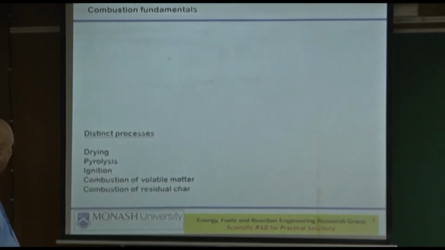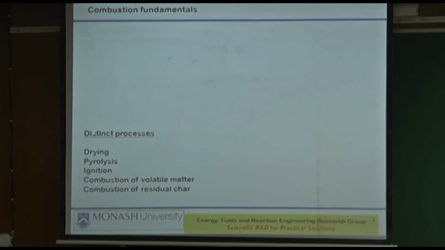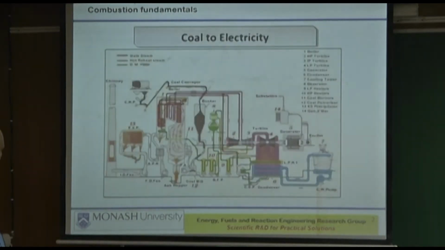So here, when we talk about combustion, we talk about whatever goes on in this part. It's a very typical, conventional PF-fired boiler, whether it is subcritical or supercritical or ultra supercritical or advanced ultra supercritical.